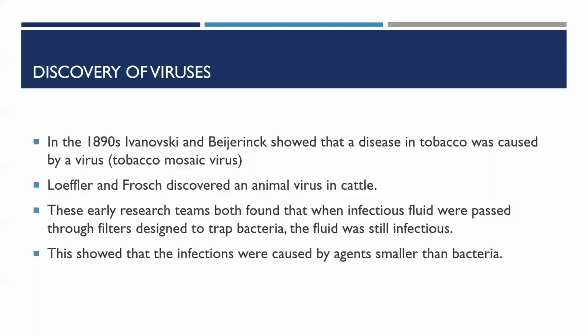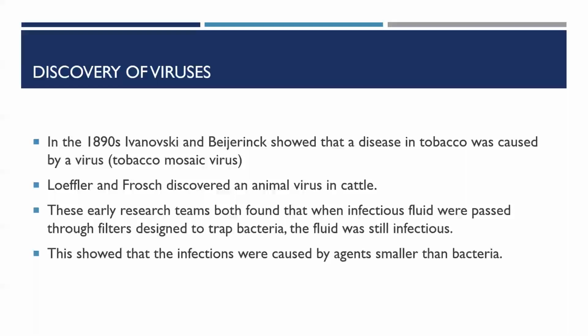These early research teams found that when they took infectious fluids, either from the cows or maybe ground up the tobacco and drained it off, and passed that fluid through a filter, the fluid would not trap anything. So we could do this if we had a bacteria that we thought was responsible. And if you passed the blood or whatever fluid through it, it would trap the bacteria and the purified fluid would flow through.